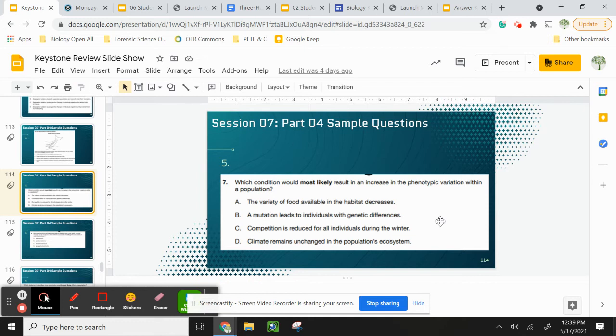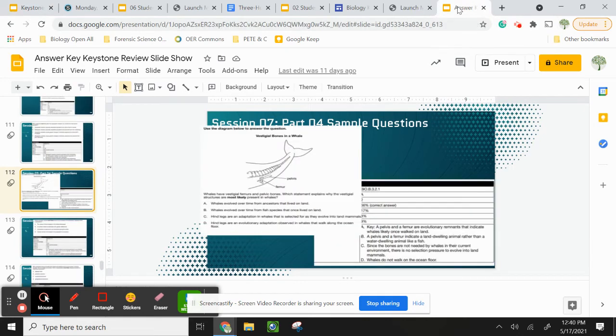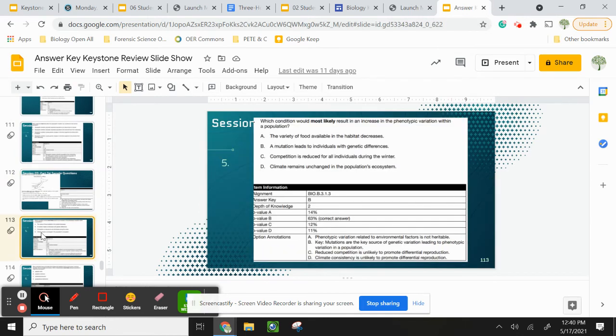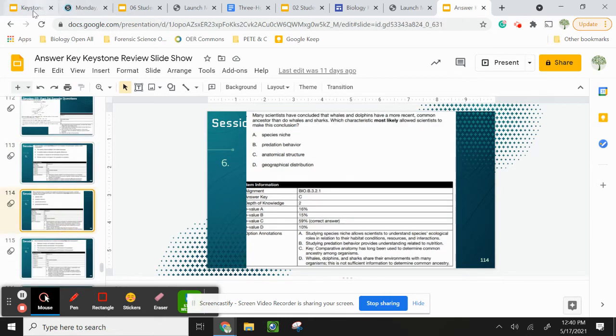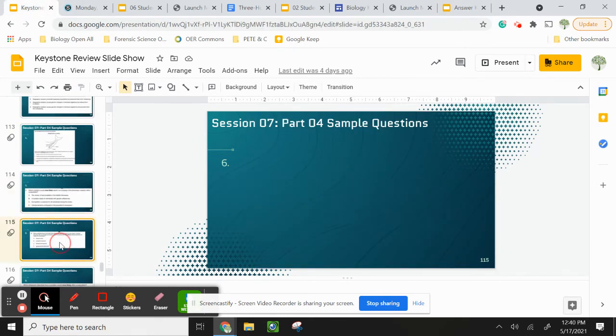But anyhow, we've got phenotypic variation in a population. What might cause that? Think about it for a second. Answer it in the Edpuzzle, then we'll take a look at the answer together. If you selected letter B, you are correct. The only thing that's going to change your phenotype is if your genotype changes. And what's going to do that? A mutation.